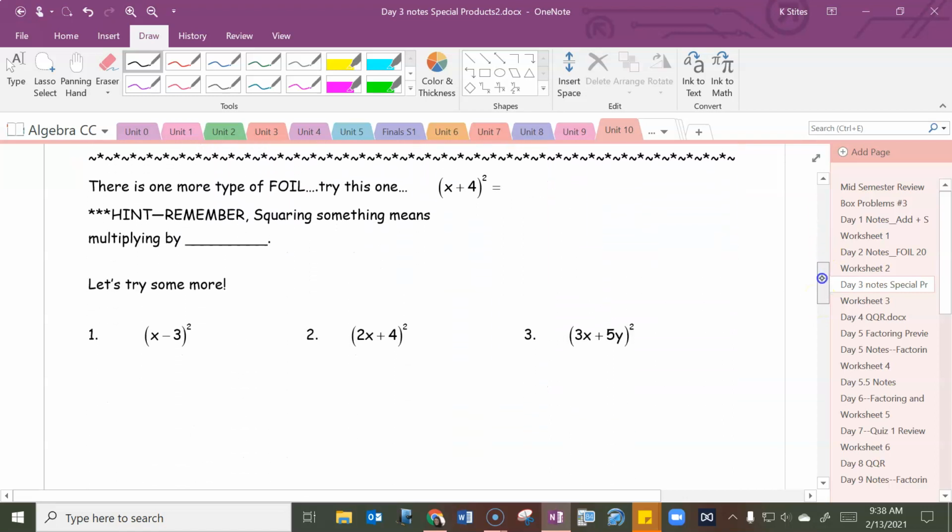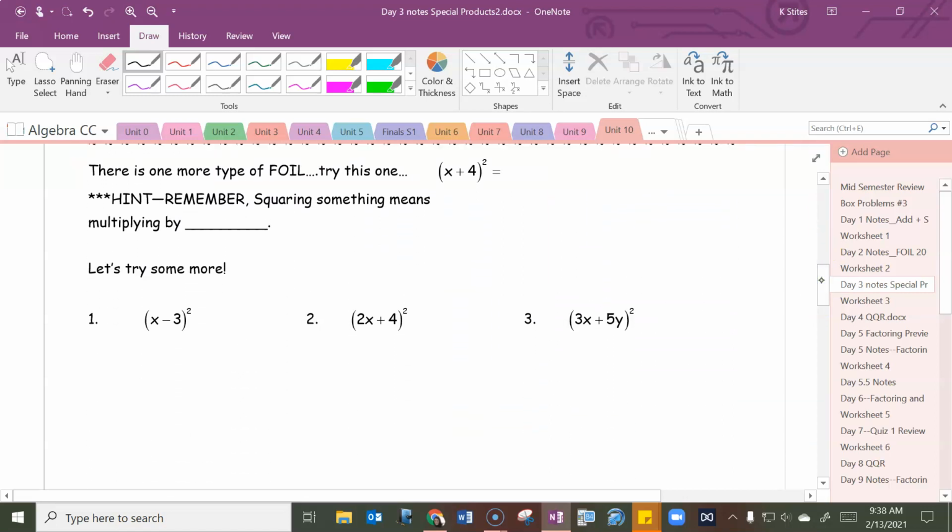All right, so now we have another special case before we do some review. X plus 4 squared. What people want to do is distribute the exponent, but the problem is that doesn't work when we have a plus. It only works when we have multiplication. So we need to think about this a little differently. Remember, squaring something means multiplying by itself.